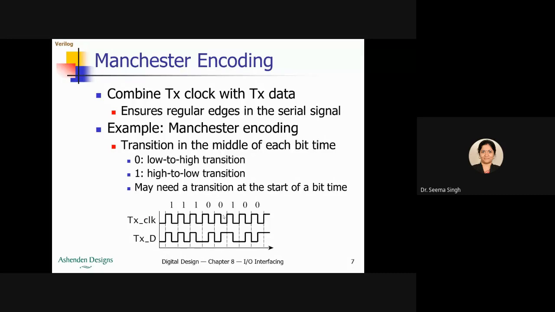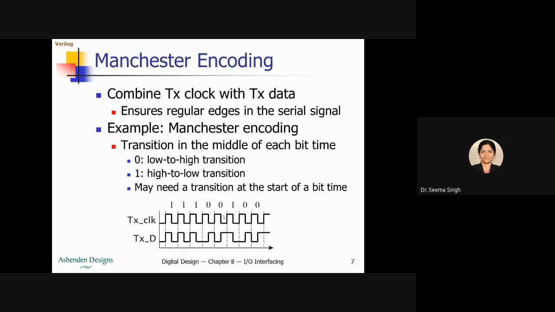Because if a separate wire is going for the clock, we need to synchronize the data transmission along with that. But if you are combining the clock with the data on the same signal wire, this avoids the need for tight clock synchronization, since there will be an indication when each bit arrives. So this is the scheme used in Manchester coding.